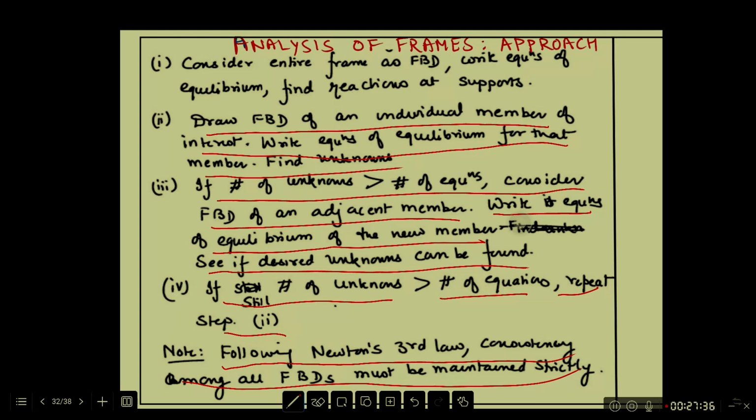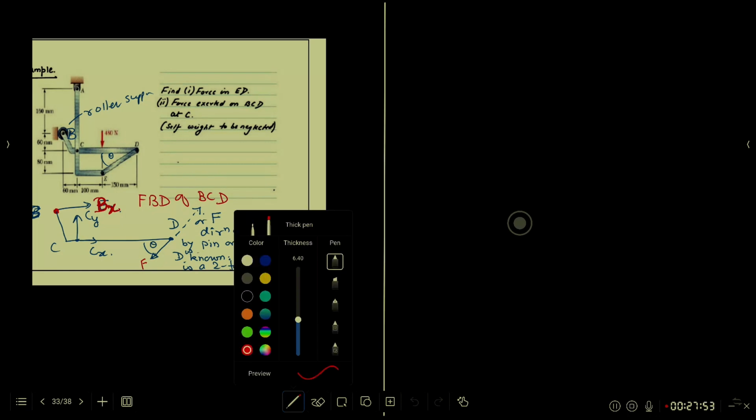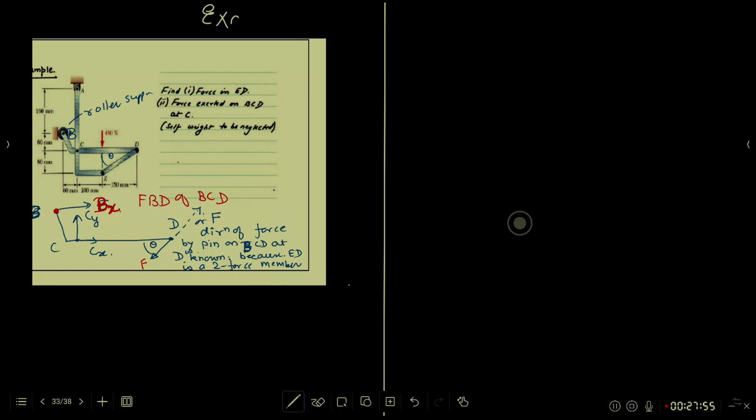Let's have a look at this example. Analysis. We have been given a frame, and this frame is supposed to withstand this much load.